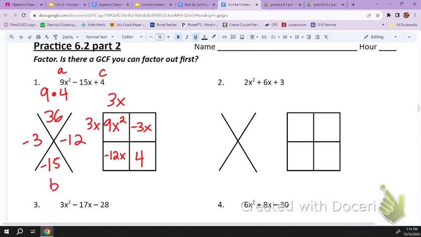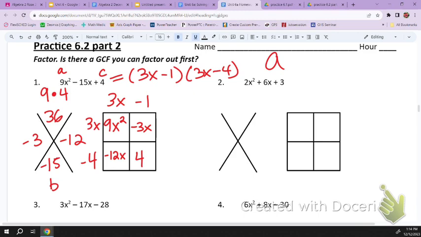What must go here? Negative 4. What must go over here? A negative 1. And then make sure it checks out in here. Is a negative 1 times a negative 4 positive 4? It checks out. So what's different now is our a value is greater than 1.